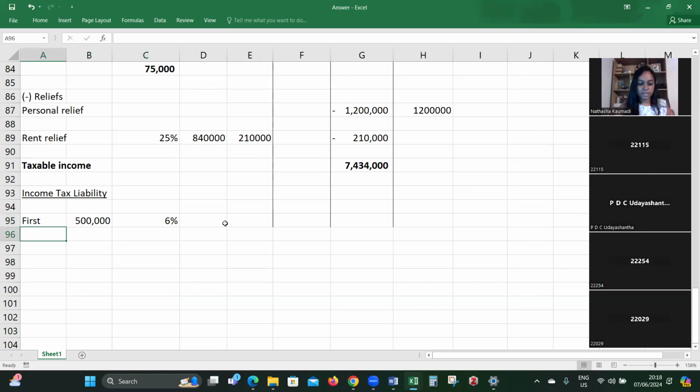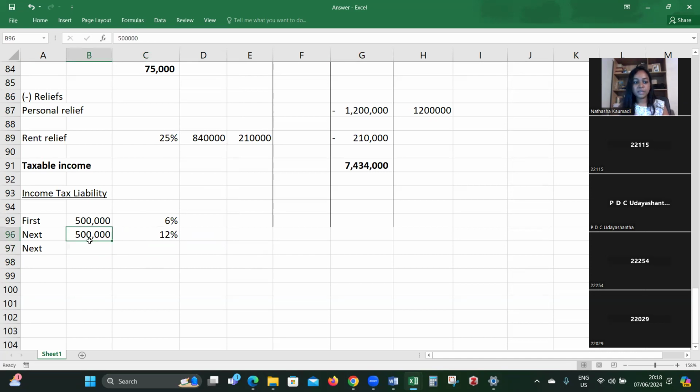And then I'm writing the next slab. Next 500,000. What is the income tax rate? 12%. So likewise, I can write. Taxable income is somewhere around 7 million, so by looking at the number, I can guess there can be so many slabs.